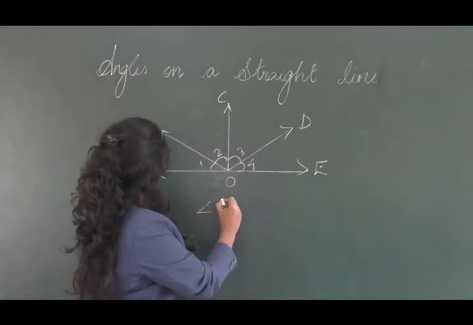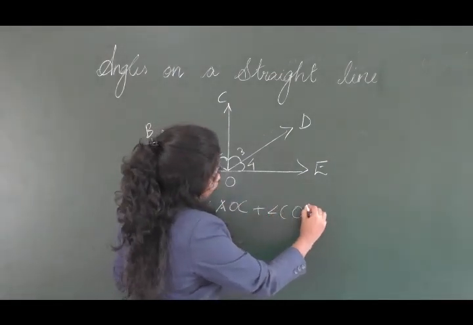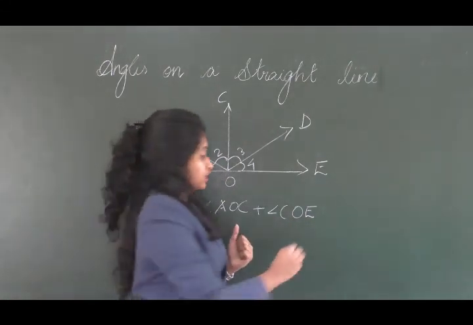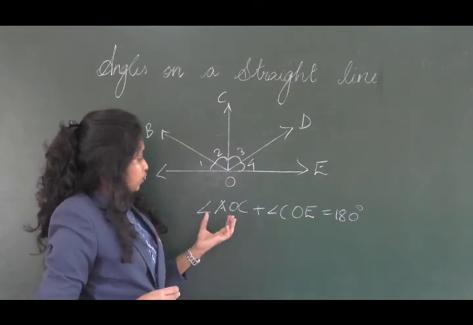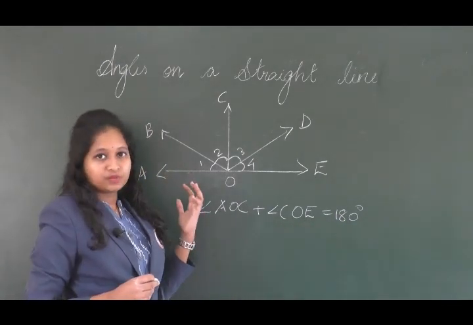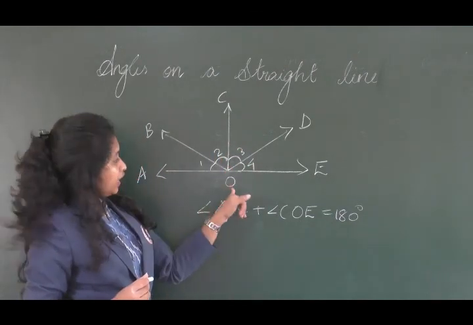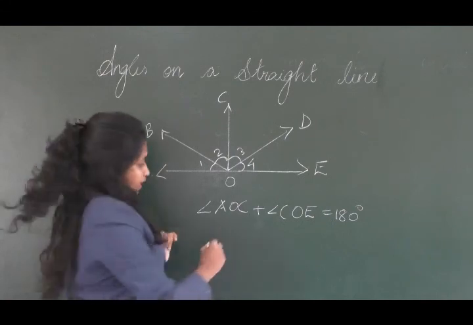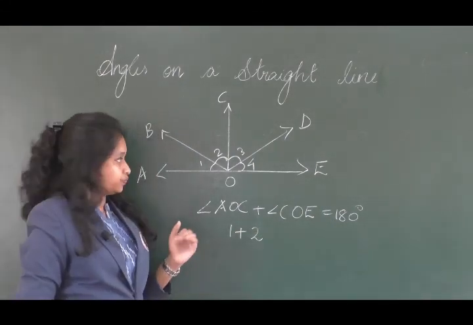That means the sum of these two angles is 180 degree. Angle AOC plus angle COE is equal to 180 degree. Now what is angle AOC and angle COE? We have named it as angle 1, 2, 3 and 4. Now angle AOC is equal to 1 plus 2.